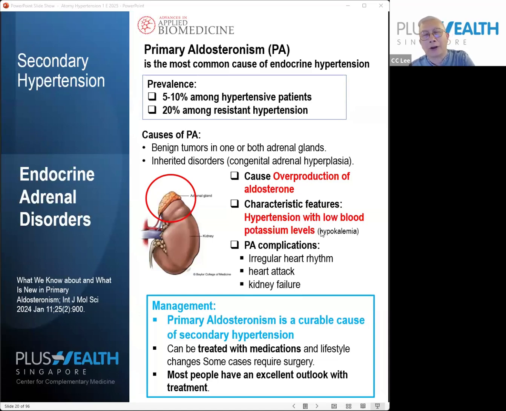So what are the complications of suffering from this condition? Basically, you will suffer from irregular heartbeat, which means that you have a higher risk of having a heart attack, and you will have a higher risk of kidney failure. And this is a condition that needs to be treated. So if you are suffering from this, PA is a curable cause of secondary hypertension.